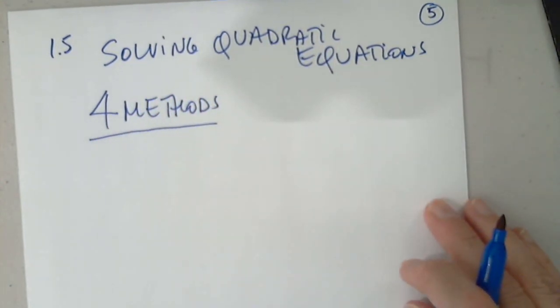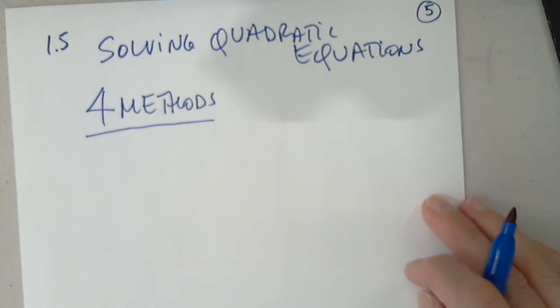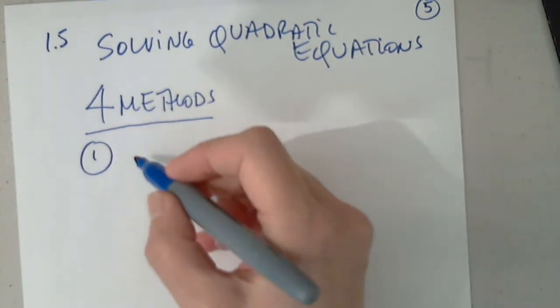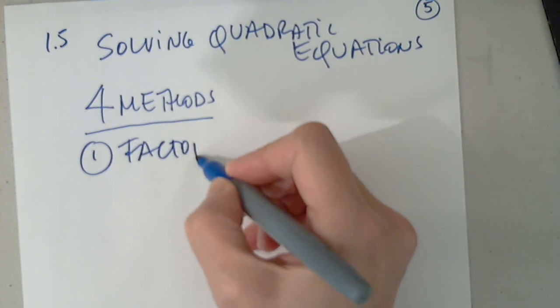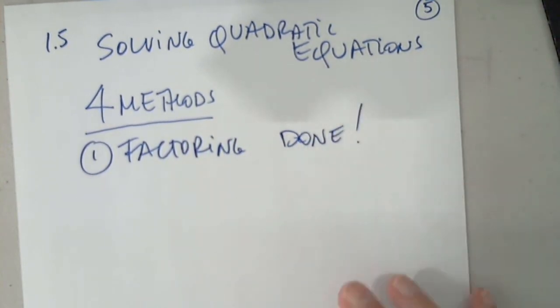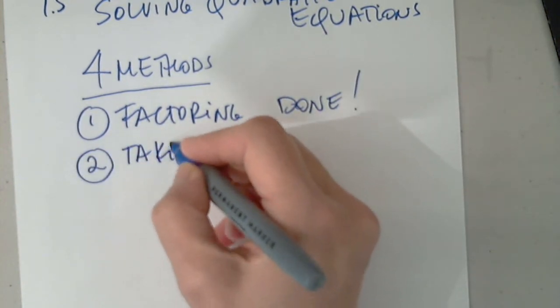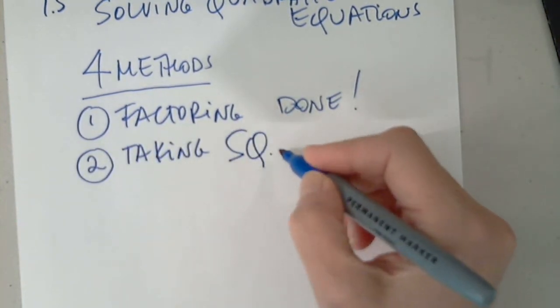Each and every one has a specific applicability. One we already discussed, by factoring. Hopefully we're done with that. Number 2, taking square roots.